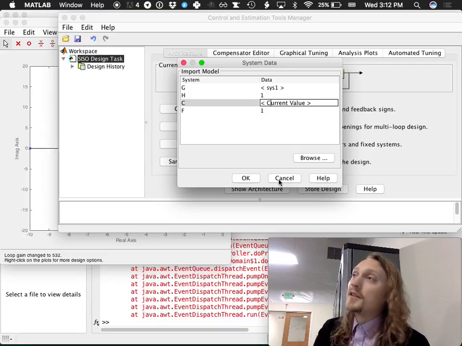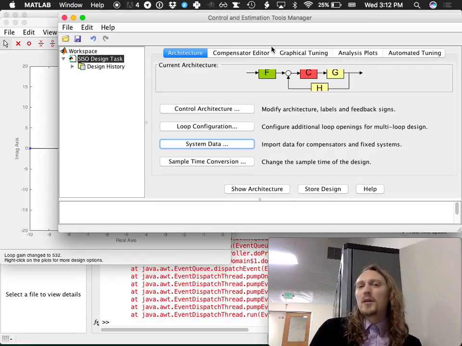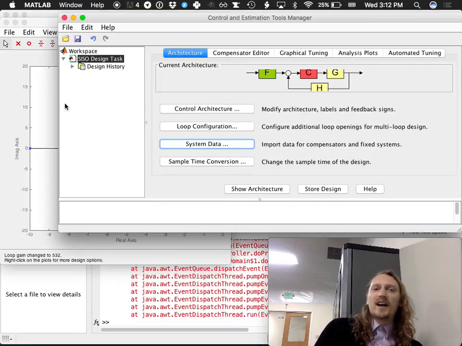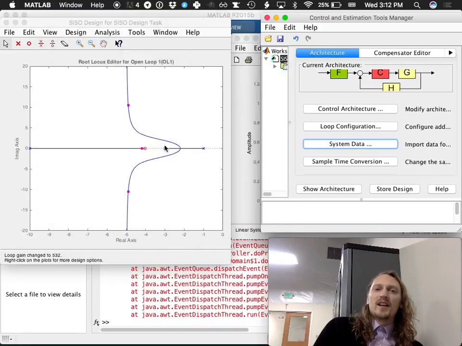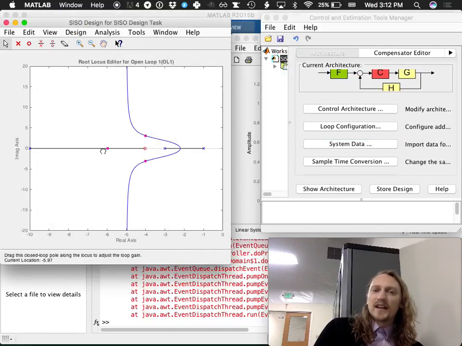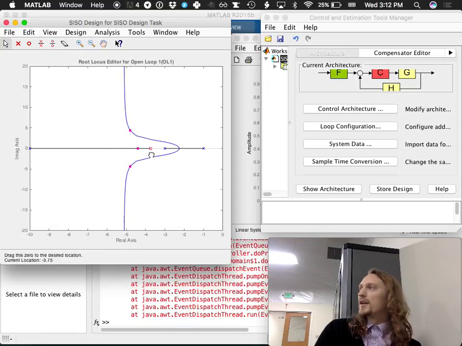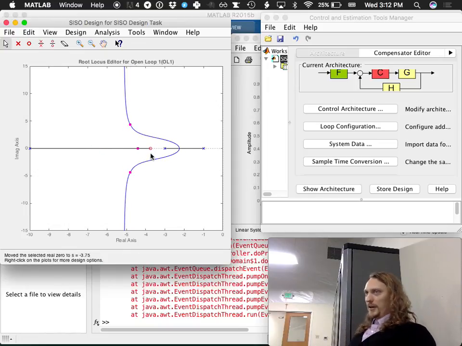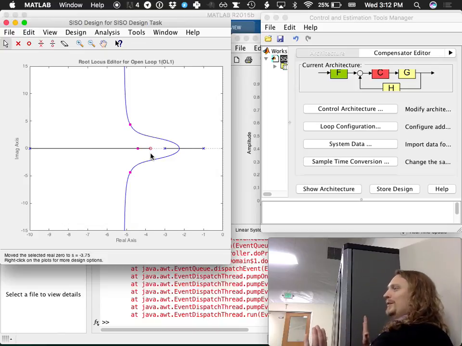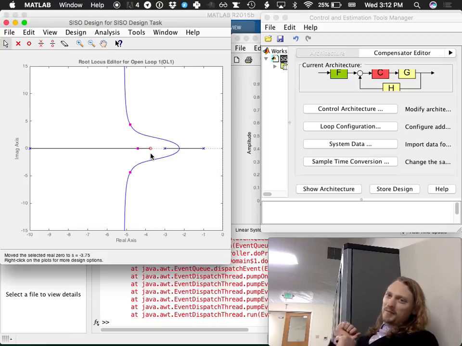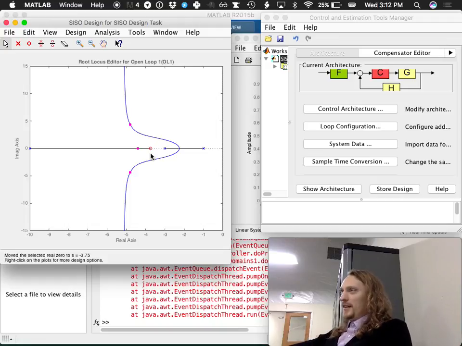Okay, so you could do it that way too. I mean, it's a pretty cool little tool. I like it. I mostly like it for the intuition it can give you for what the zero does if you move it around. So that's a tool. It's available on MATLAB. I recommend playing with it.